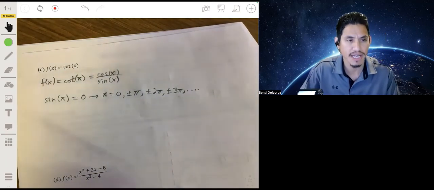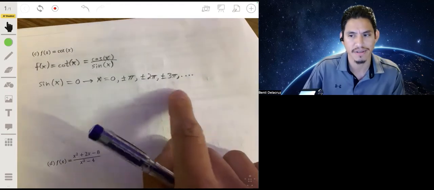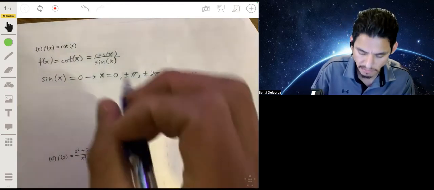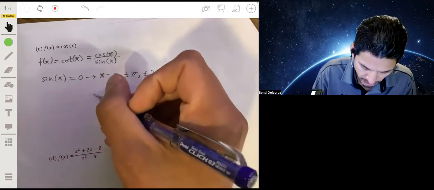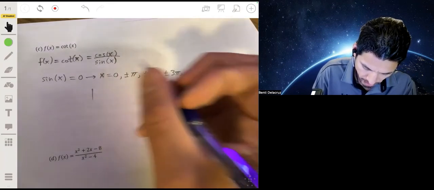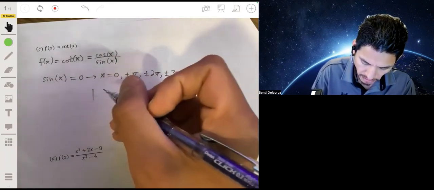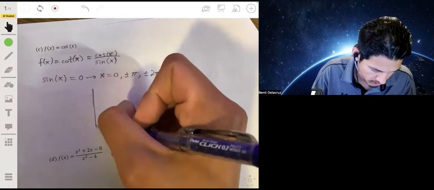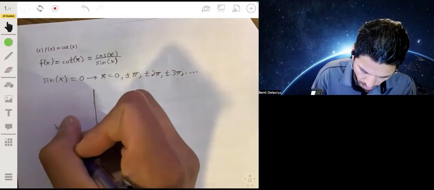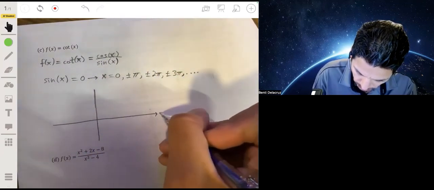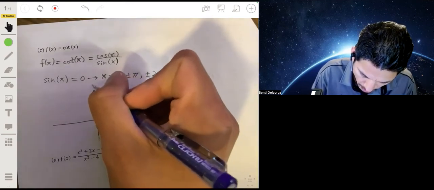So we just have asymptotes at these points, and you've probably already seen these graphs in pre-calculus. Let's just draw a little sketch to get a basic idea of what's going on here.